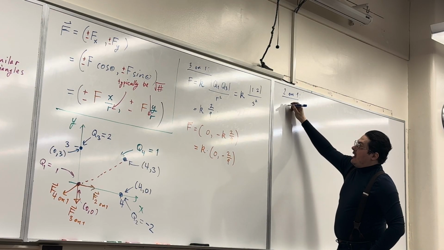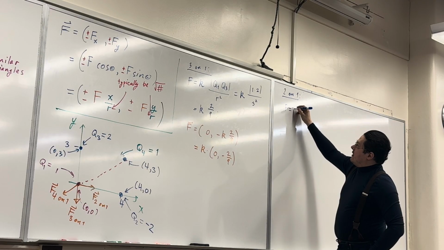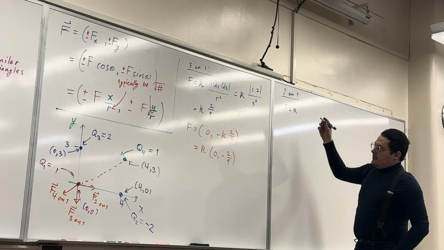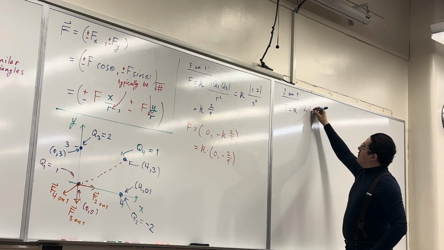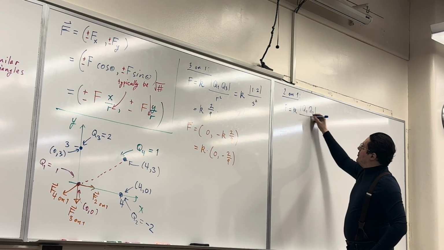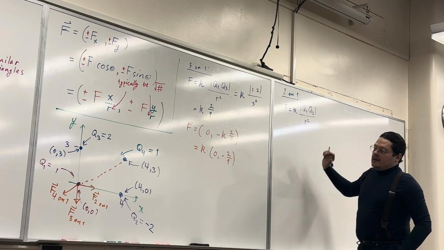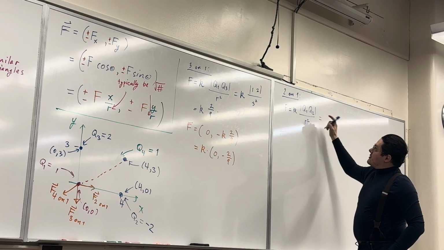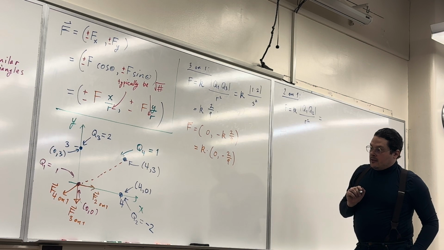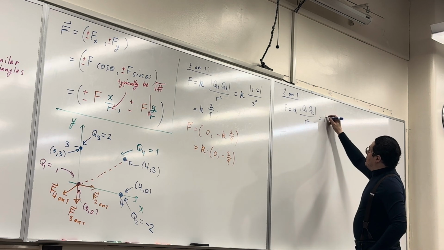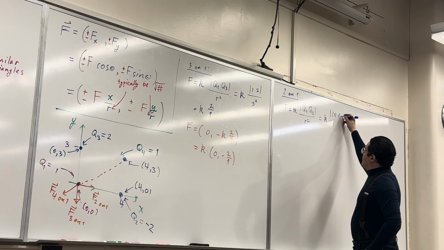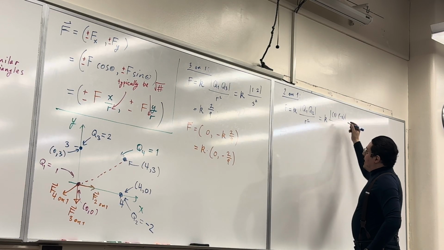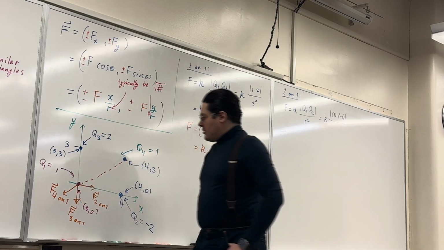Okay, so now let's do the magnitude again. Again, I'm calling it F, not with the subscript. Absolute value of Q1, Q2 over R squared. I'm not putting in the subscripts here. So let's see, Q1 is 1 and Q2 is -2. So absolute value of 1 times -2 divided by R squared.